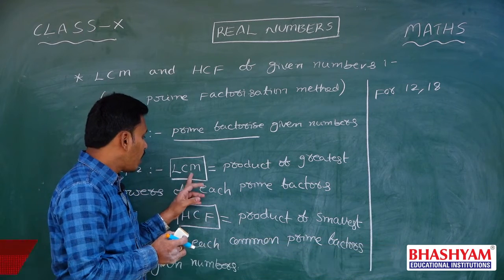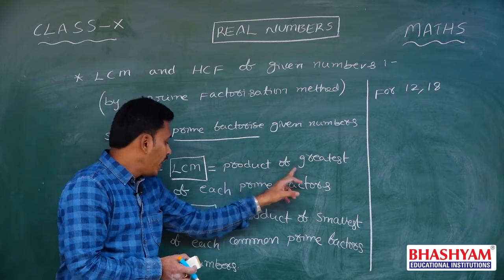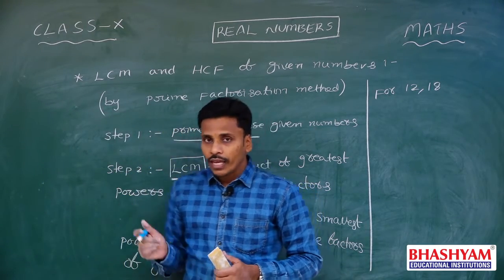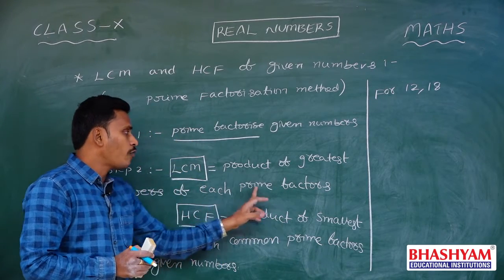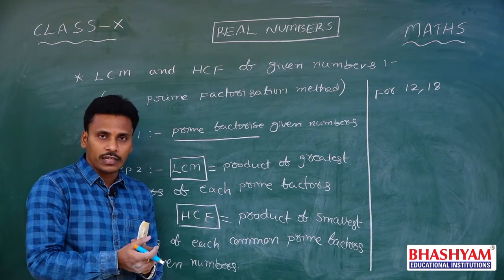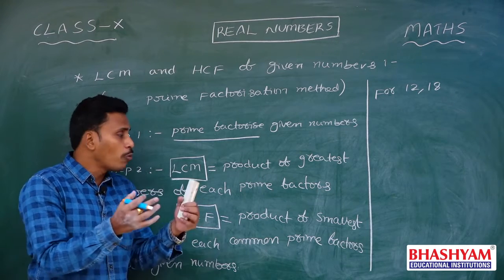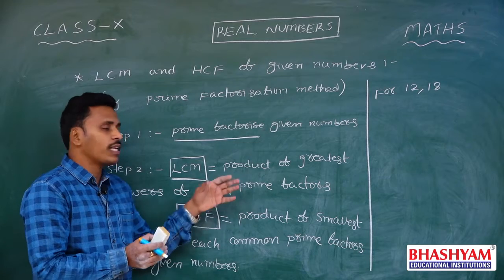LCM is the product of the greatest powers of each prime factor. You need to observe the prime factors, identify the greatest powers, and multiply them. That is the LCM.